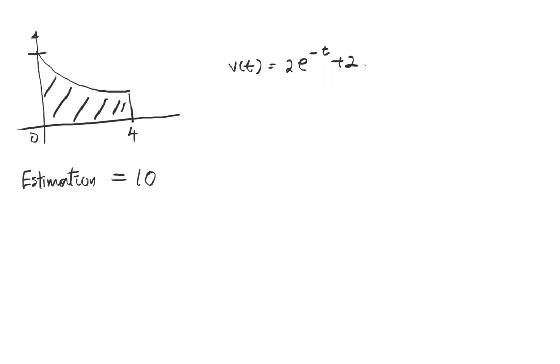4 times 4 equal to 16. How do you get 4? Where do you get the 4? Okay, 4 from the y-axis and 4 from the x-axis, because here is 4.